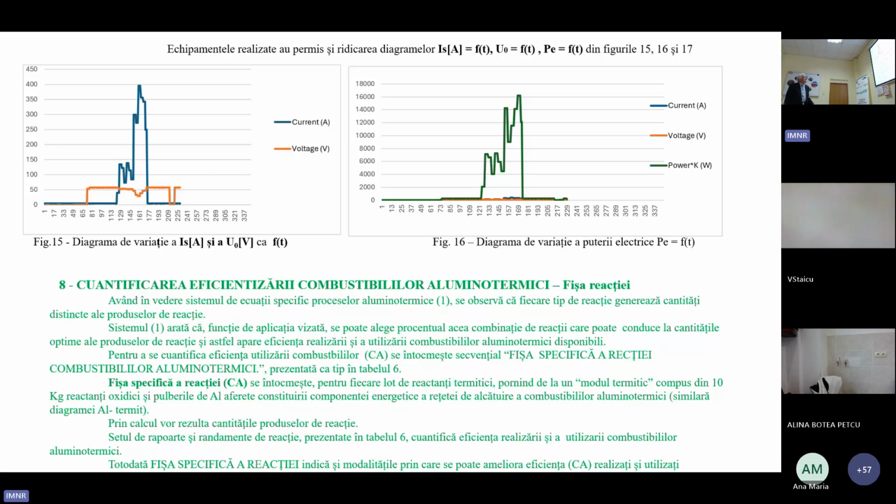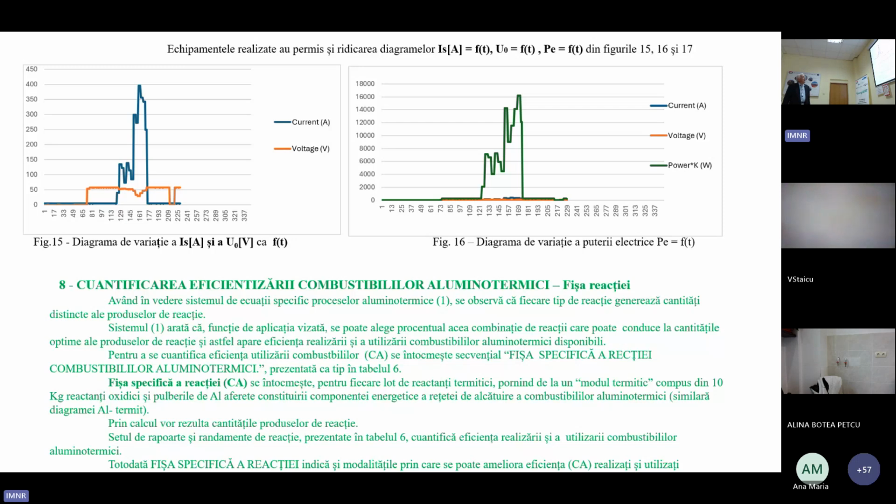Aparatura aceasta dă niște diagrame, cum ar fi intensitatea administrată procesorului pentru demararea lui, notată cu IS, și tensiunea U0.